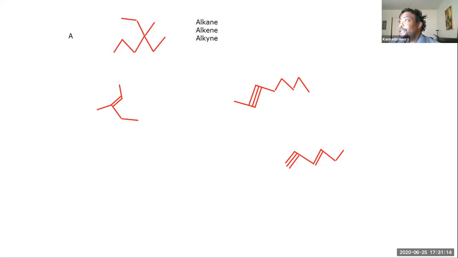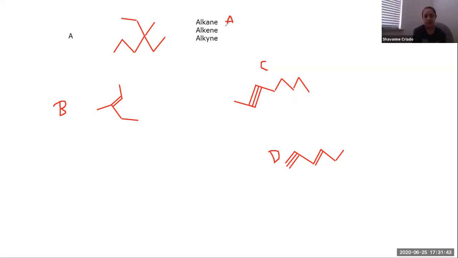So what I want you to do is, okay, is A alkene, alkane, or alkyne? A is alkane. So which one is going to be an alkene? B. Somebody said B? C and D?